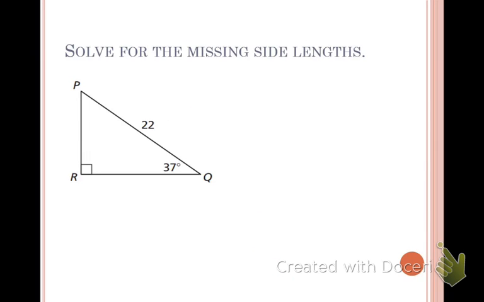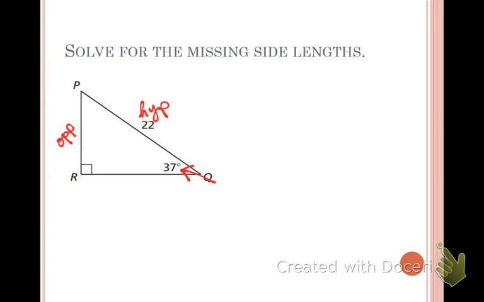Before we do, we're going to review what we've done. Solve for the missing side lengths. So we're going to solve for both of them. From 37 degrees, which side would we like to solve for first? Sure, let's solve for our opposite. And which side were we given?